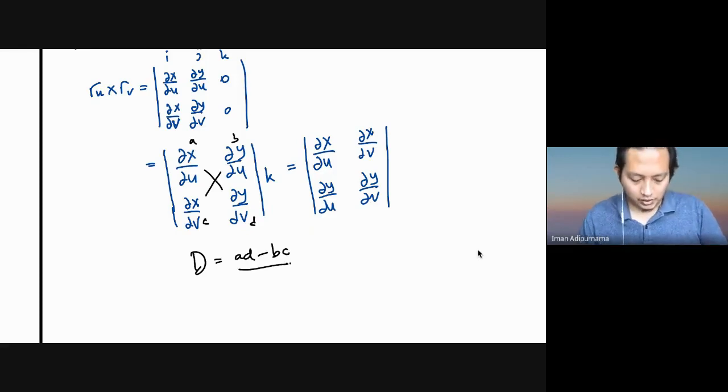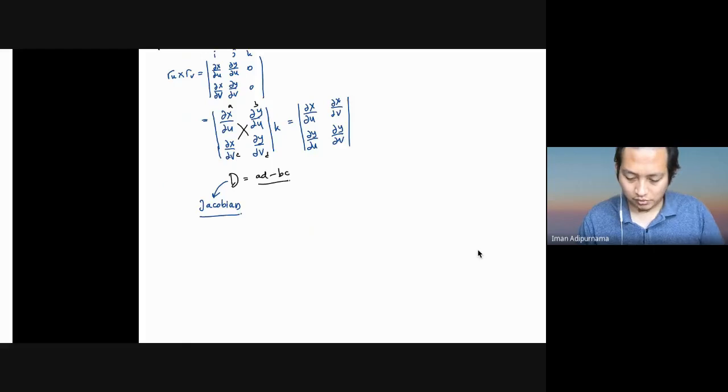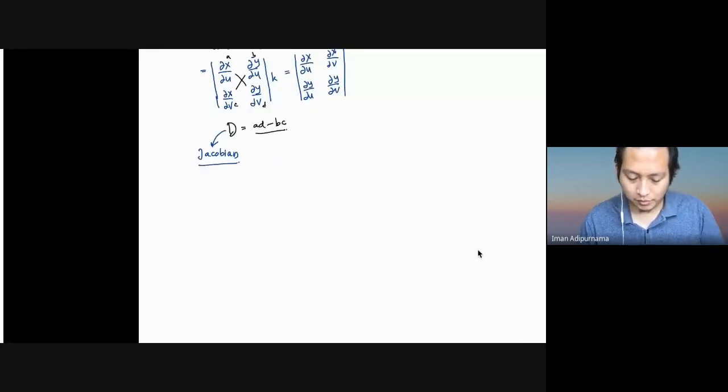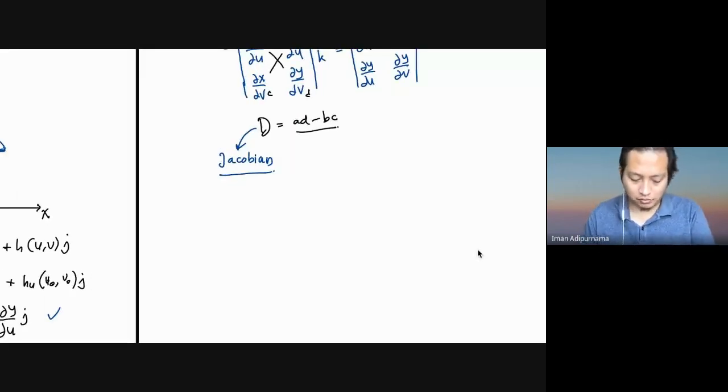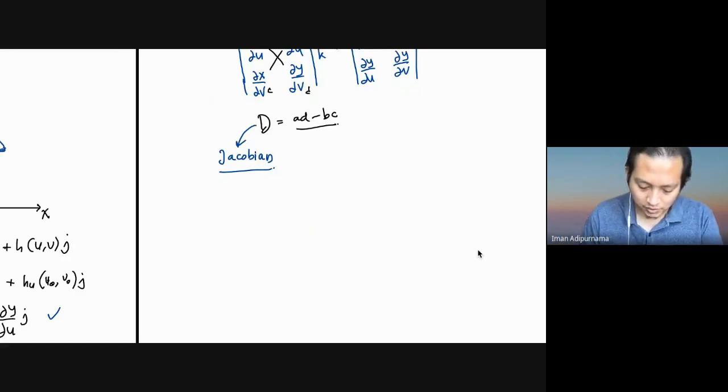Okay. Now, this determinant is called the Jacobian. So let me write this, and this is the most important. If you don't know what's to prove from what I've told you before, don't worry. This is what you need to remember.